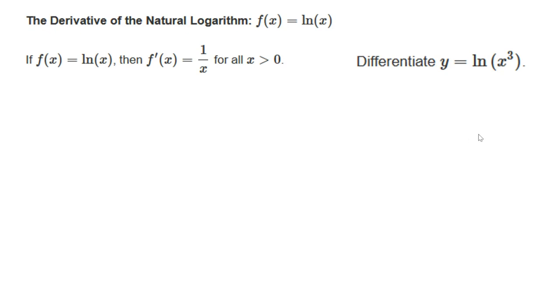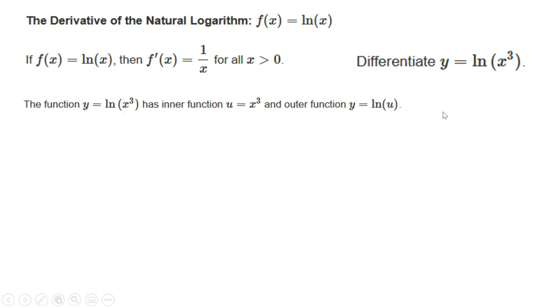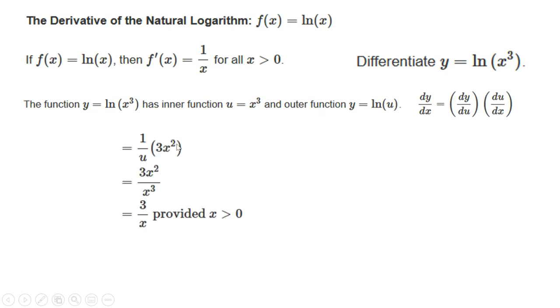So it's another chain rule type of function. The first step in that process, if you remember, is to treat this as a function of a function. So if the function is the ln of x cubed, the inner function is x cubed, and the outer function is ln of u, and we use the same dy/dx equals dy/du times du/dx. Here's our answer.